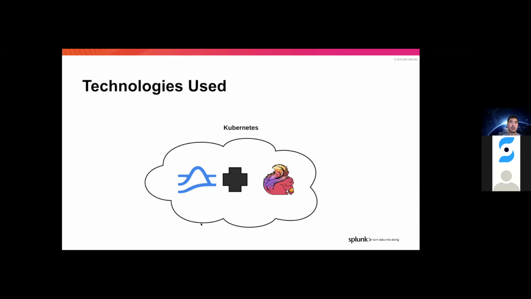The next major component is Pulsar. Pulsar was designed with many of the requirements I listed in mind, so it really is a good choice to be used in SPS, especially as the data nervous system of the platform to route data and move data to various aspects of the platform.